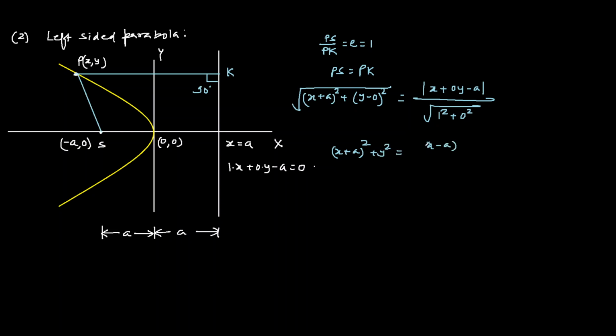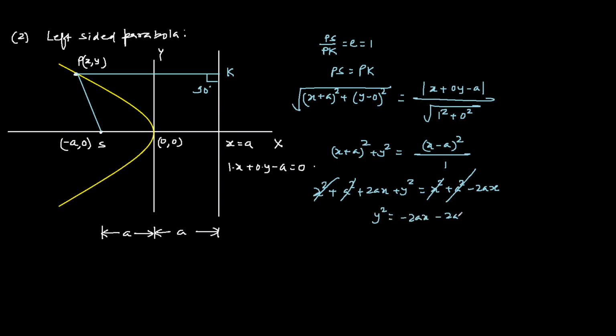On the right hand side we have (x minus a) square divided by 1. So x square plus a square plus 2ax plus y square equal to x square plus a square minus 2ax. Now these two terms are cancelled out. Now we have y square equal to minus 2ax minus 2ax. So y square is minus 4ax.